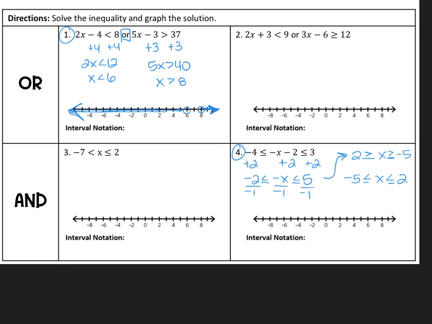So we draw a closed circle at 2, a closed circle at -5, and the solution set is all the numbers between those. And so we draw a segment from -5 to +2. And the interval notation for that is going to be -5 to +2. Brackets because it's less than or equal to.